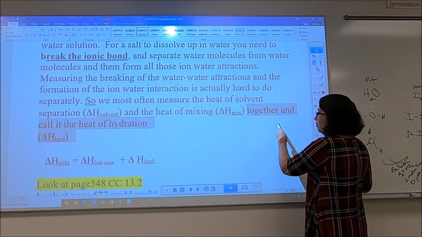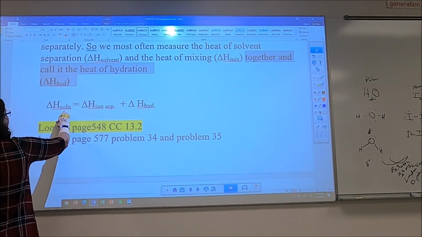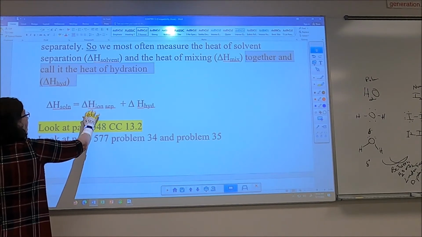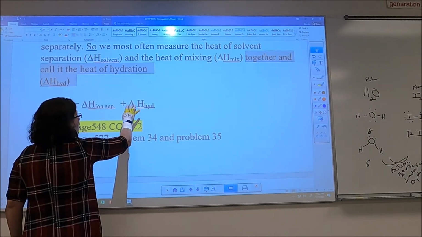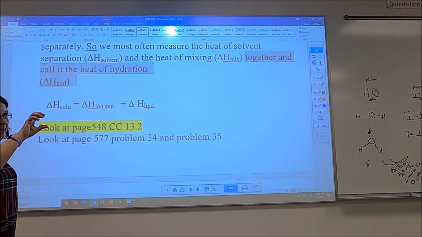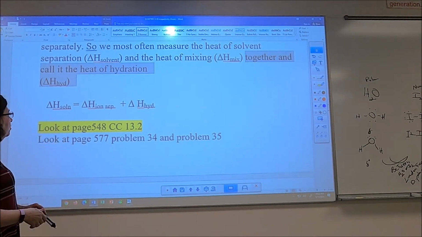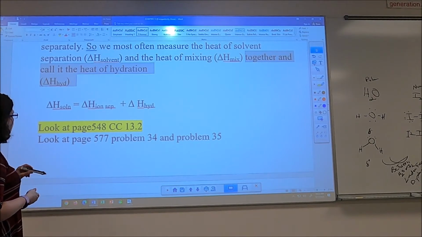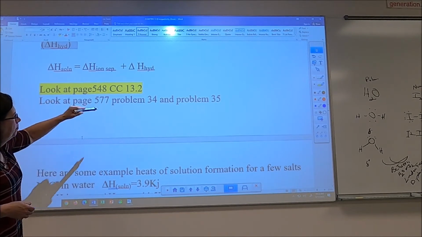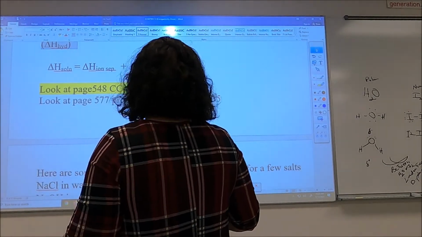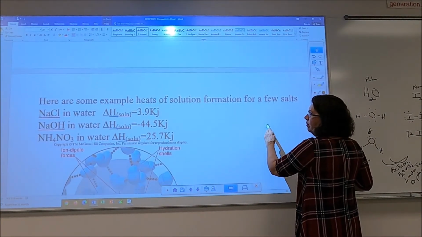So when you're talking about salts dissolving in water, the delta H of solution is the energy change when the ions separate, breaking the ionic bond, and the energy change when the ions interact with the water molecules. Sometimes I beat us over the head with adding things up, but I don't think we're going to do it this time. I just want to run through this one example with you.